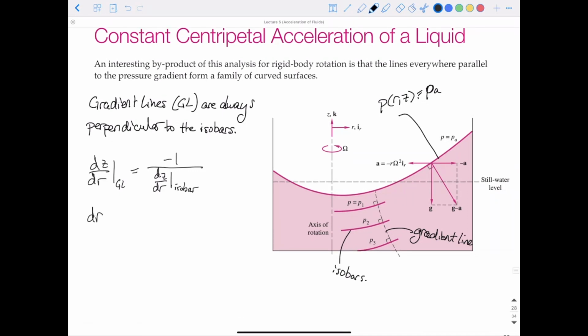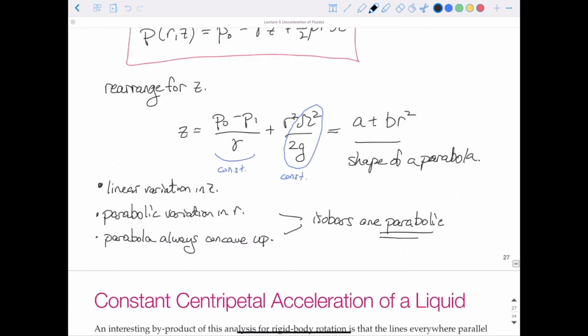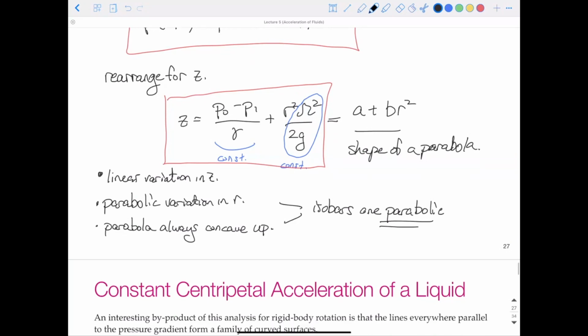So we know dz/dr, if we take the derivative of our function up above for a constant pressure line, highlight this in red, take the derivative with respect to r, the first term goes away because it's just a constant, and we're just left with r times omega squared over g.